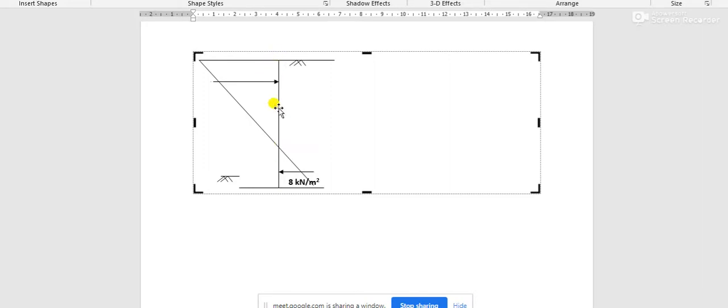That means the position of this force is one third of this height from the top of the wall, and the position of this force is one third from the bottom of the wall. And you may calculate the active thrust or active force separately for this negative pressure and for this positive pressure, but for that you have to calculate the position of this point.